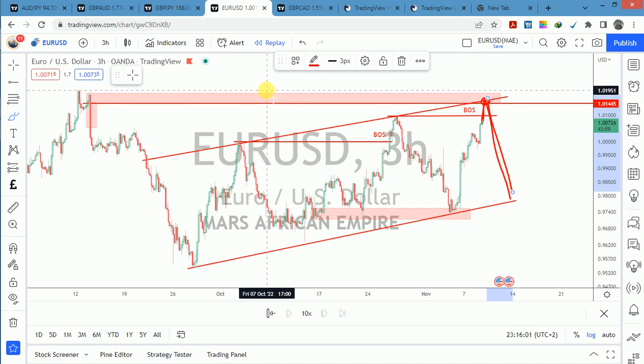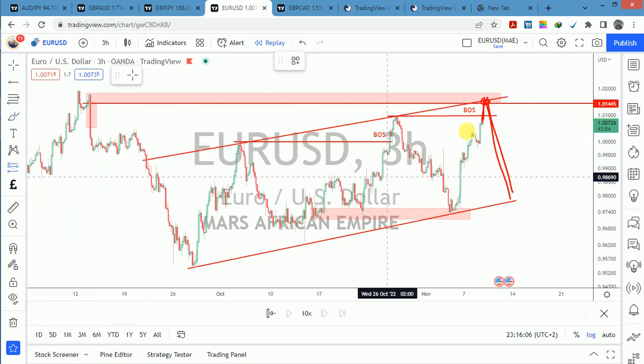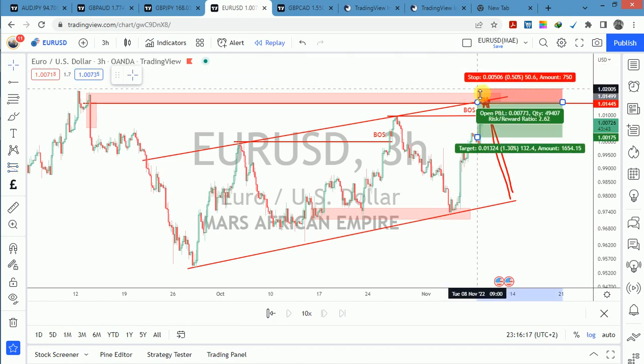I think for us to be safe, let me see how many pips is that. I don't want us to stretch our accounts. So I think just above here, around 40 pips. Yeah, 40 pips is okay.